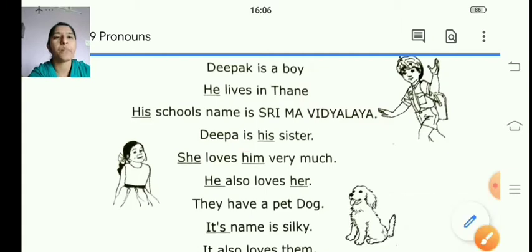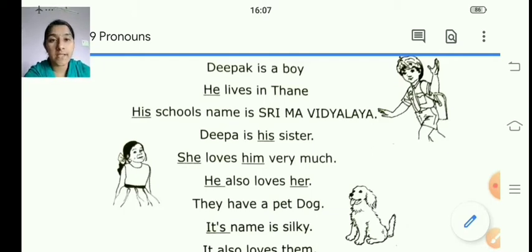You can see a girl's picture there. Her name is Deepa. So Deepa is his sister, because Deepak is a boy, we are using the word his here. Deepa is Deepak's sister.